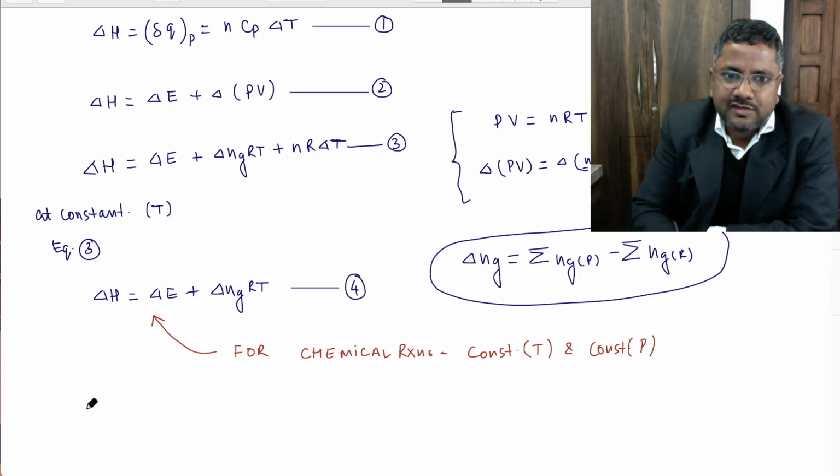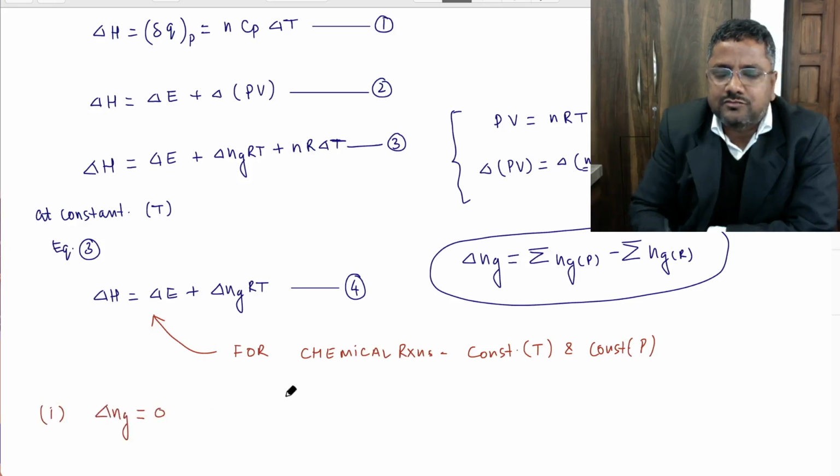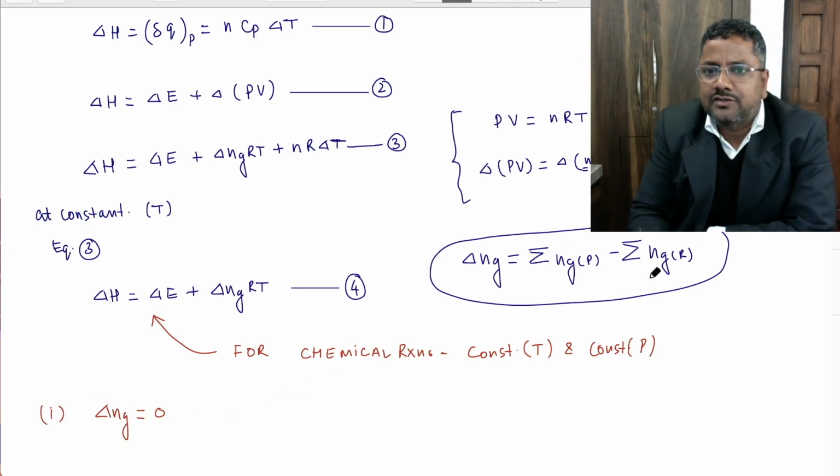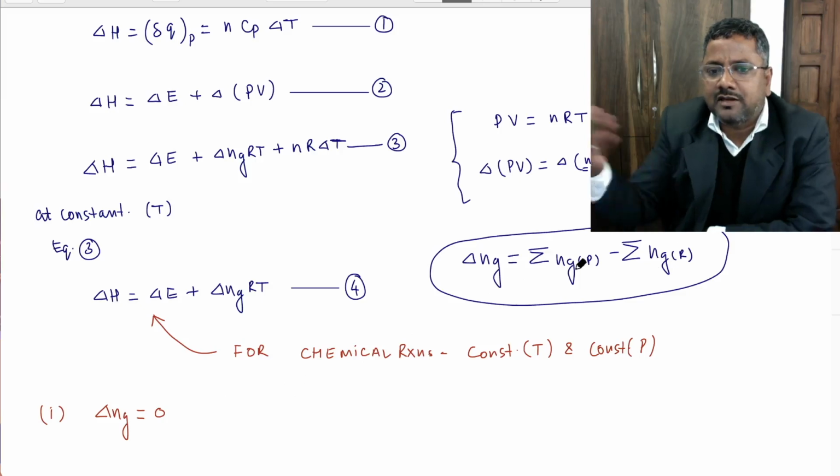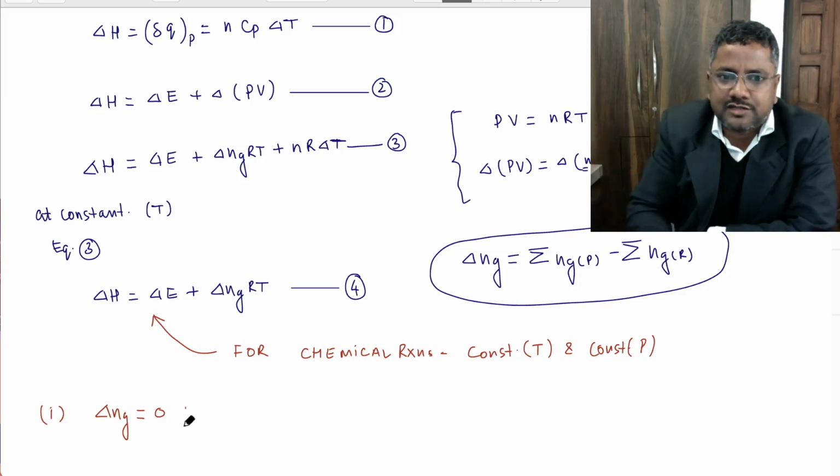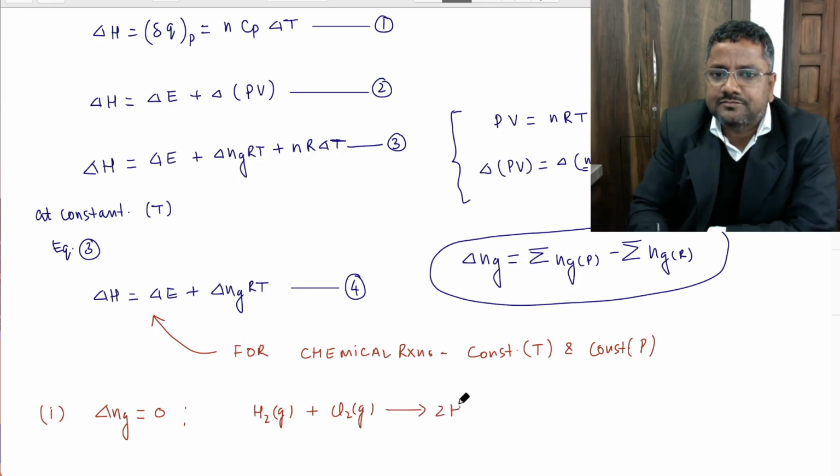Suppose, first case, delta Ng is equal to 0. Suppose we take a reaction H2 gas plus Cl2 gas gives 2HCl gas.